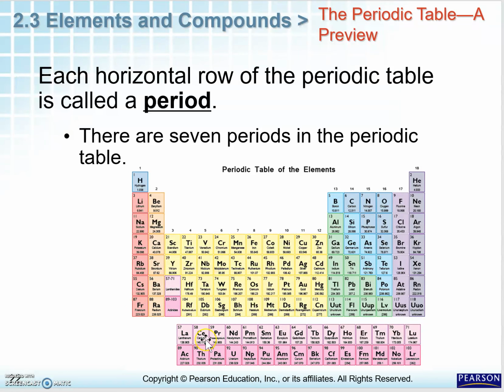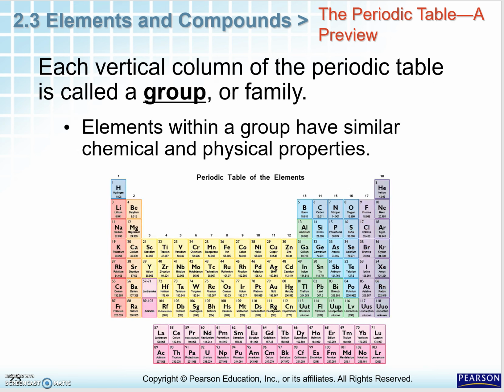These guys down here are actually inserted into this portion of the periodic table, and we usually pull them out because it would make the periodic table extremely long otherwise. We call the vertical columns, so the ones that go up and down, groups or families. And they're going to have very similar chemical and physical properties, so they're going to look very similar.